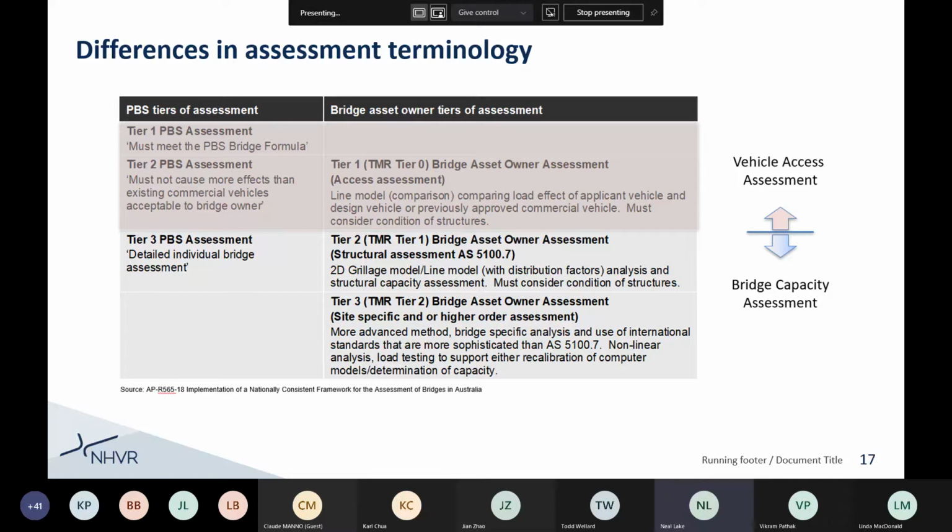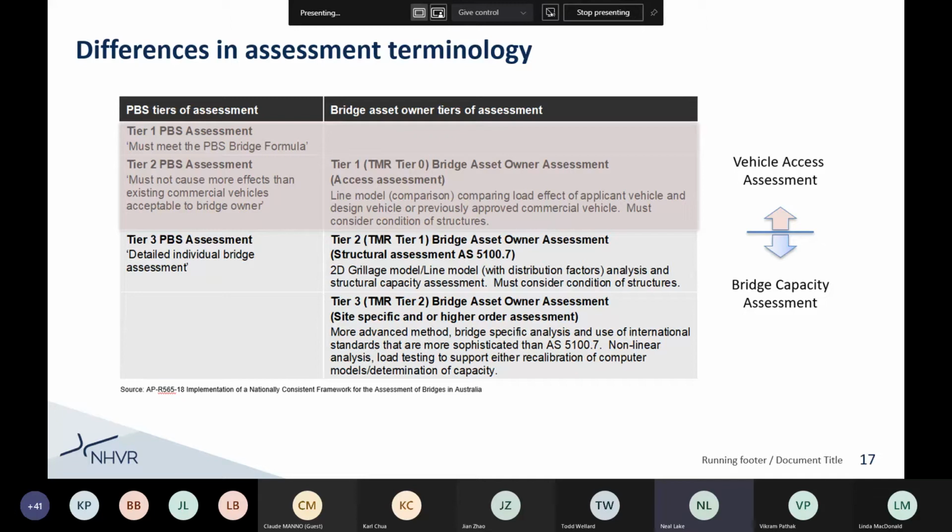I think that's important. Now, the other big variation that occurs is that in the PBS guidelines, there are also bridge assessment tiers within that documentation. And it's really important to also understand that they do vary compared to the bridge asset owners' tiers of assessment.